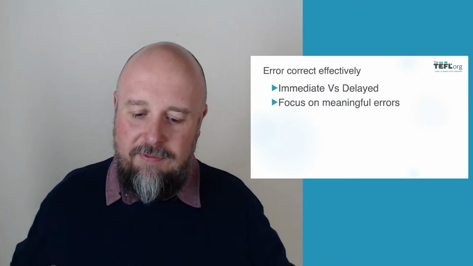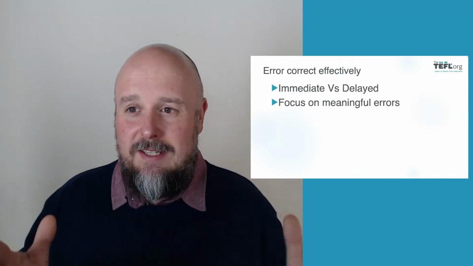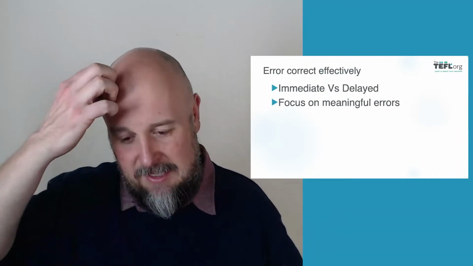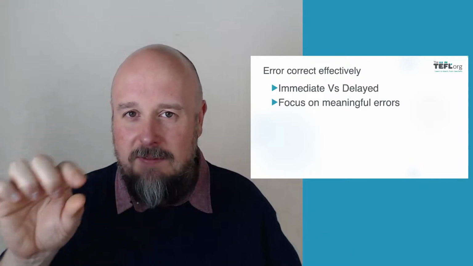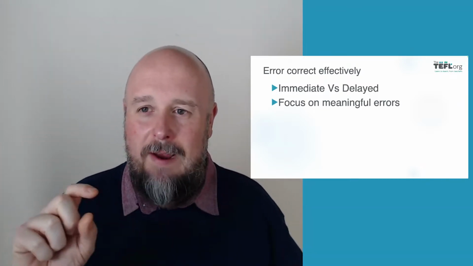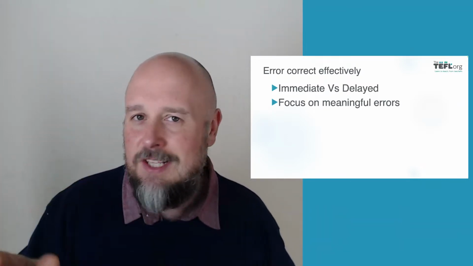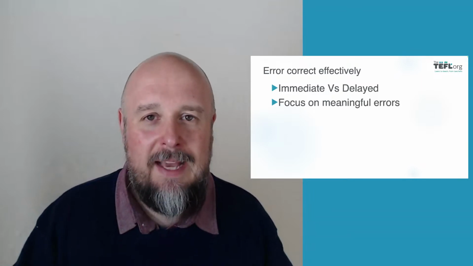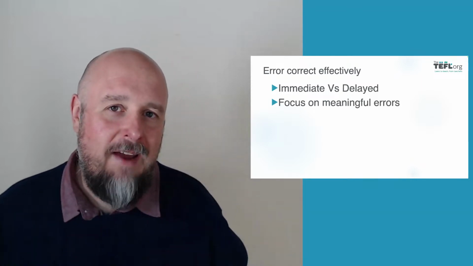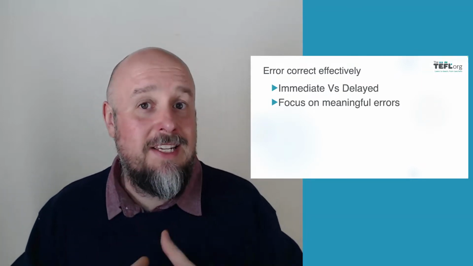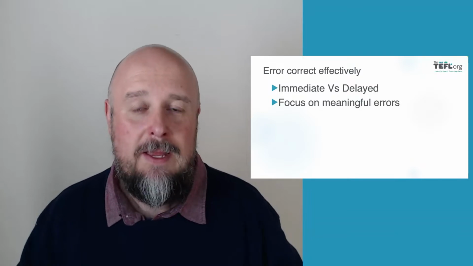Try to focus on meaningful errors. So if they have created a sentence and there's parts of it that you don't understand because the grammar's too bad, the spelling's too bad, or their pronunciation's too bad, you've got to correct the errors where you've lost understanding of what they're saying or doing.